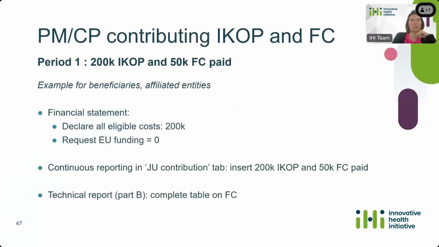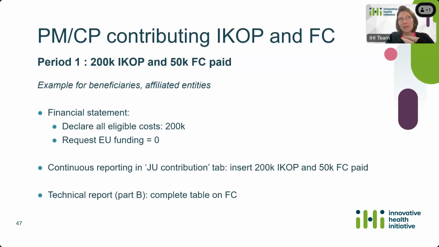So one example, in case we have a private member or contributing partner who is contributing IKOP and financial contribution only, so not requesting any EU contribution. In period 1, imagine the IKOP is 200K and there are 50K of financial contribution paid.